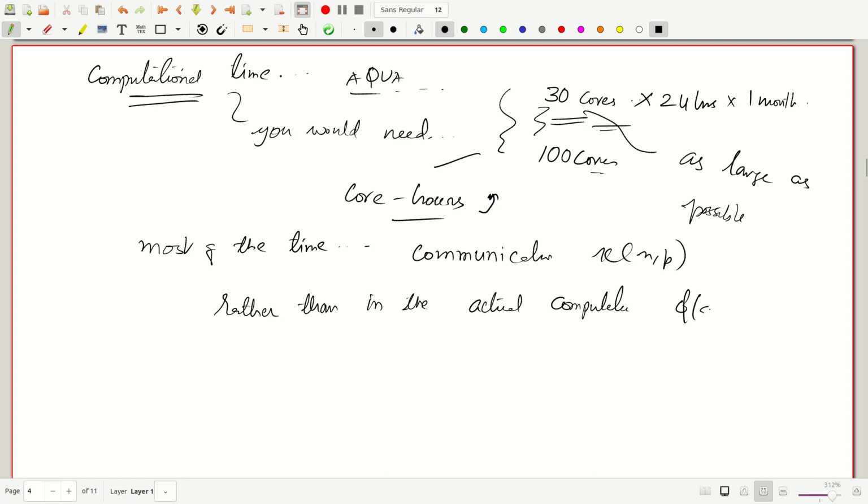That means rather than in φ(n), most of the time would be spent in κ(n,p). As a result, your program not only runs slower, you will be wasting a lot of resources. So this is not a good way to do it.